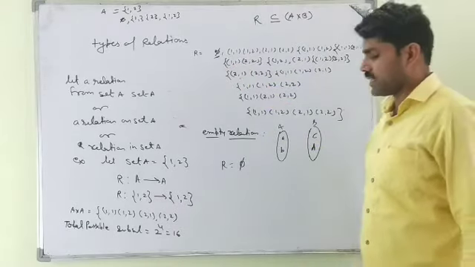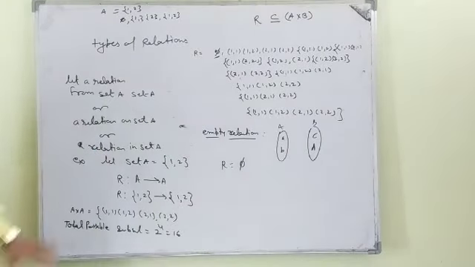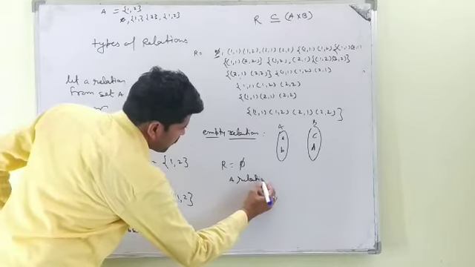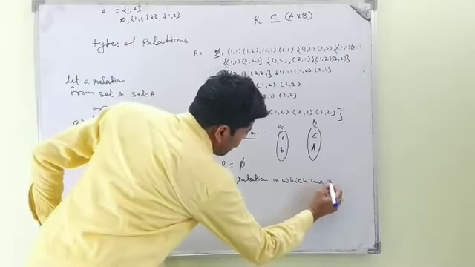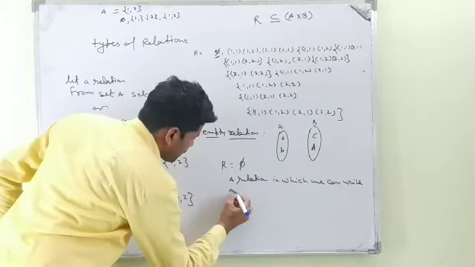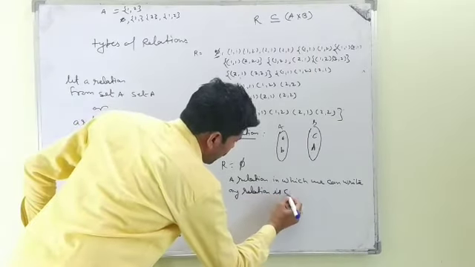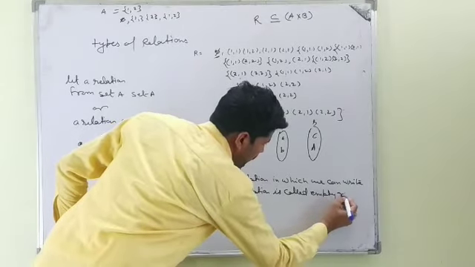When no image is there for set A, it is known as an empty relation. A relation in which we cannot write any pair is called an empty relation.